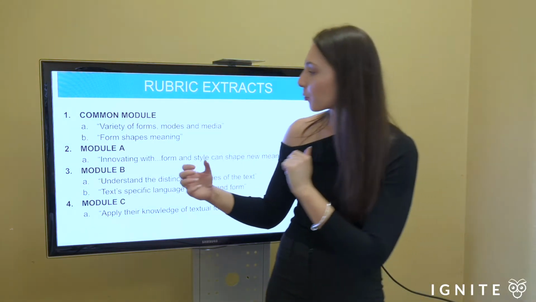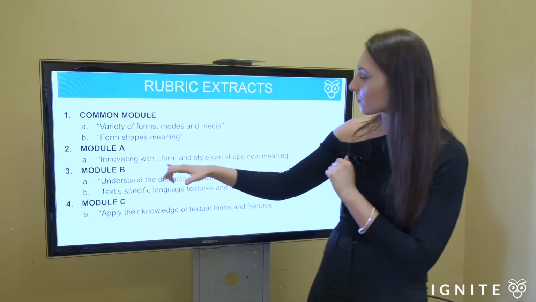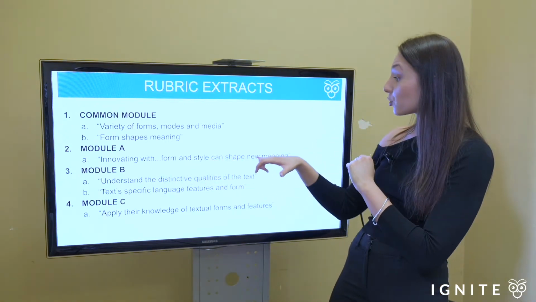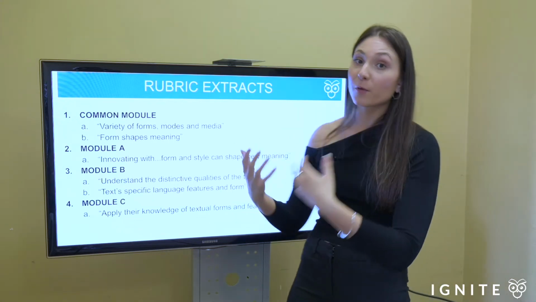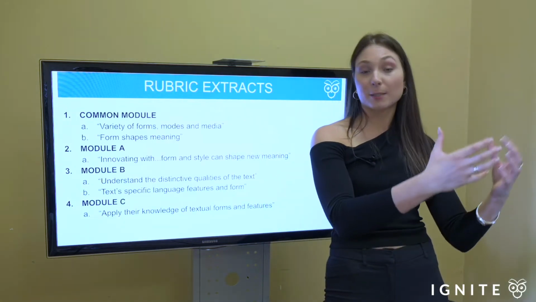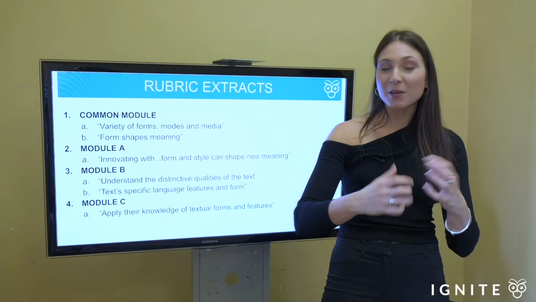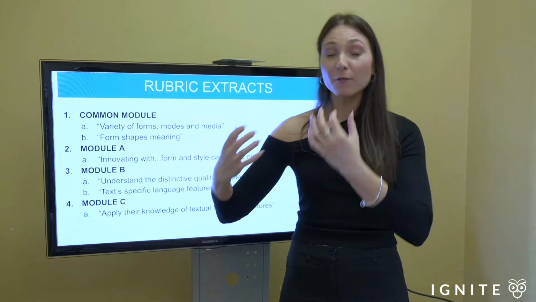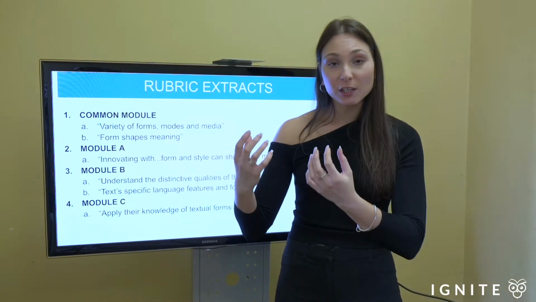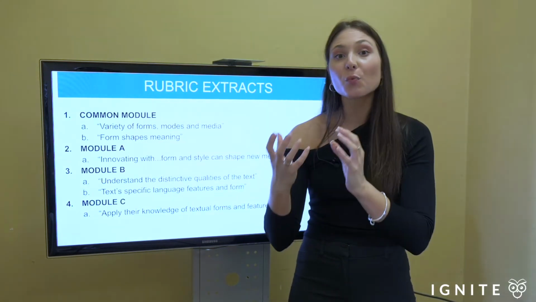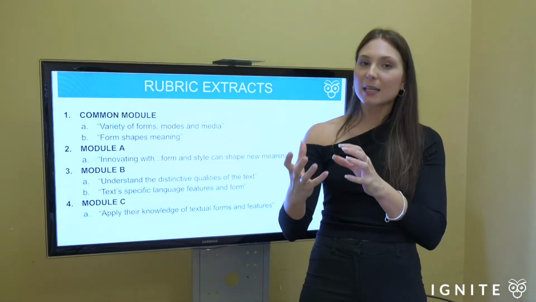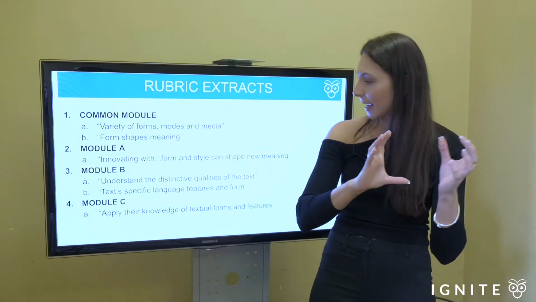So the extract from the rubric itself reads, innovating with form and style can shape new meaning, right? How bringing a new way of form, for example, if we're looking at an older text that's a poem and that's now been represented through the cinematic form, how that innovation in film as a new technology has invited new ways of thinking about those ideas that were portrayed in the earlier text.